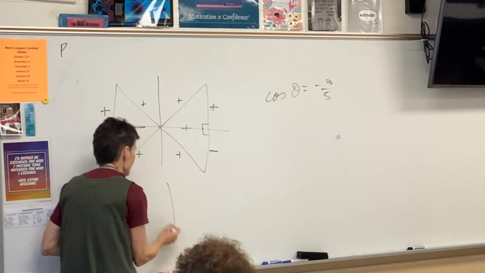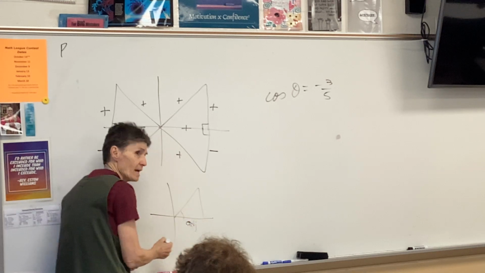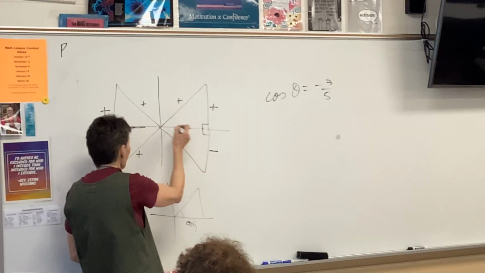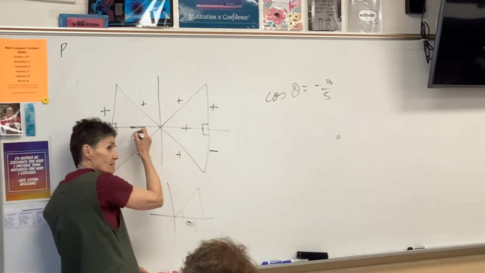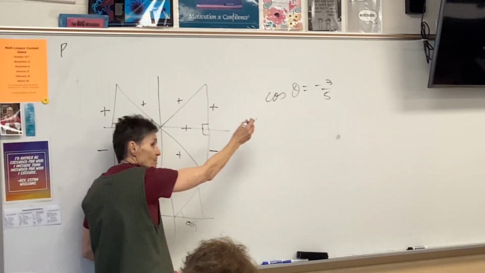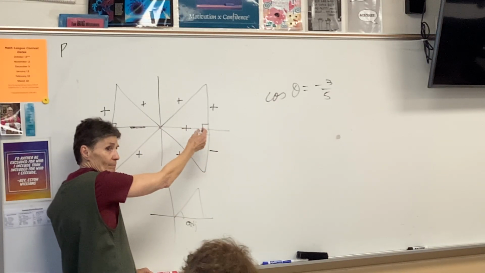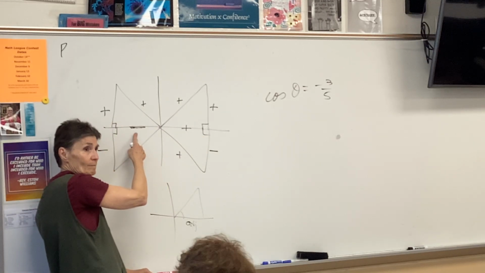Draw just one of those triangles. Isn't this the adjacent side on the x-axis? So here's an adjacent side and here's an adjacent side. These are the adjacent sides. I need it to be negative. Can it be over here? Is adjacent negative over here? Doesn't have to be over here.